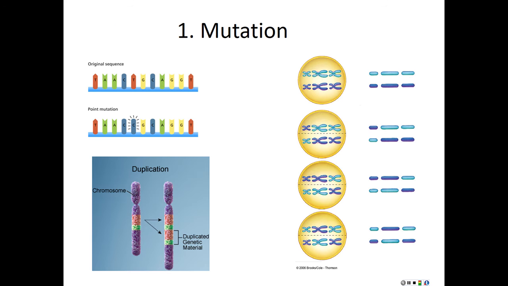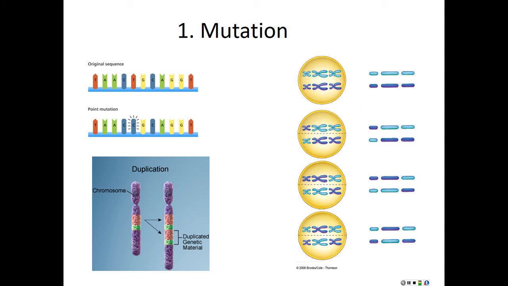So let's talk a little bit about these mechanisms. So first, mutation. Okay, so mutation is, and this is important, the ultimate source of genetic variation. This is where it all starts.